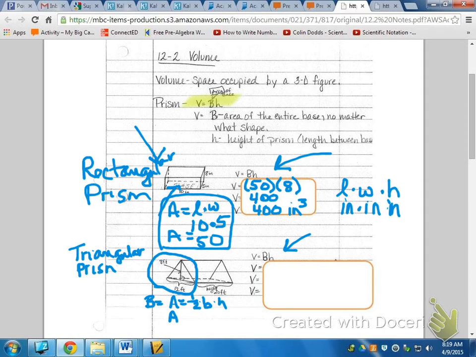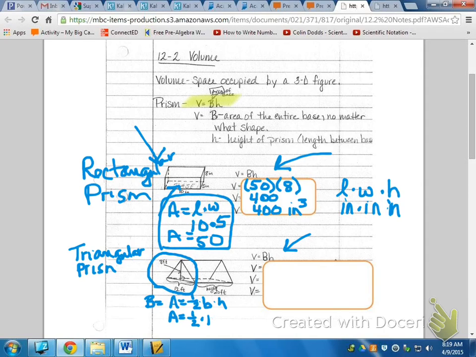So I'm going to finish filling out this formula. One-half. What is the base of the triangle I have circled? So look at what's in my circle. You see that triangle in my circle? What's the base length in that triangle in the circle?